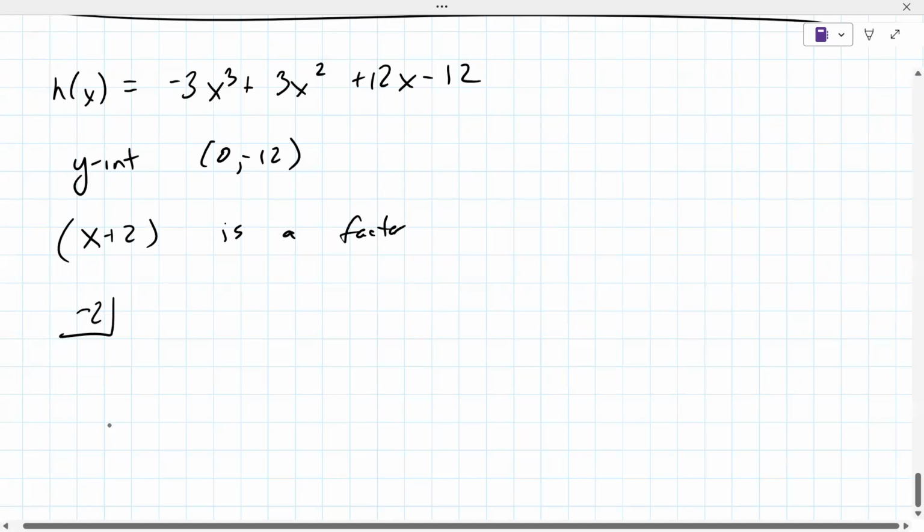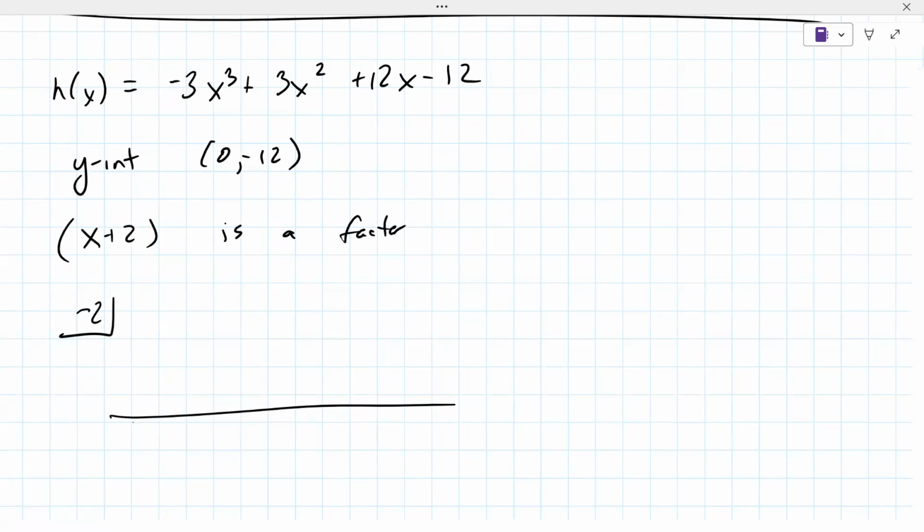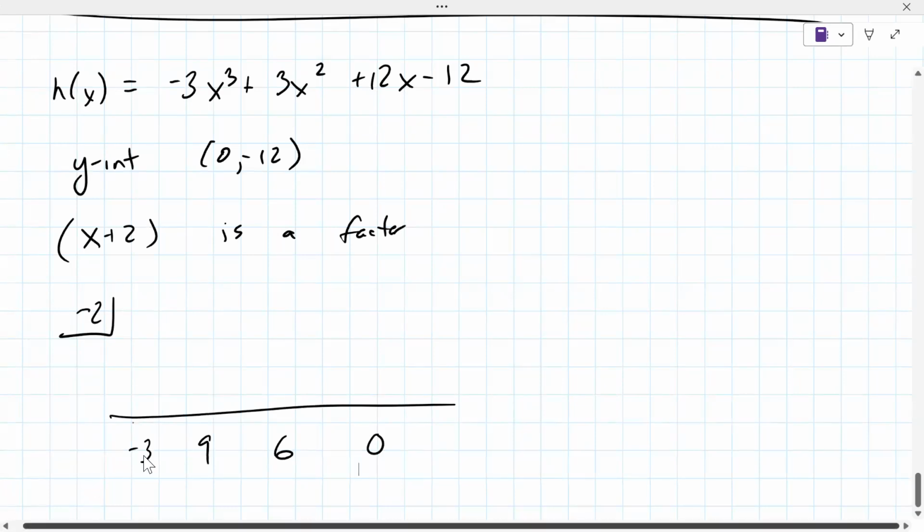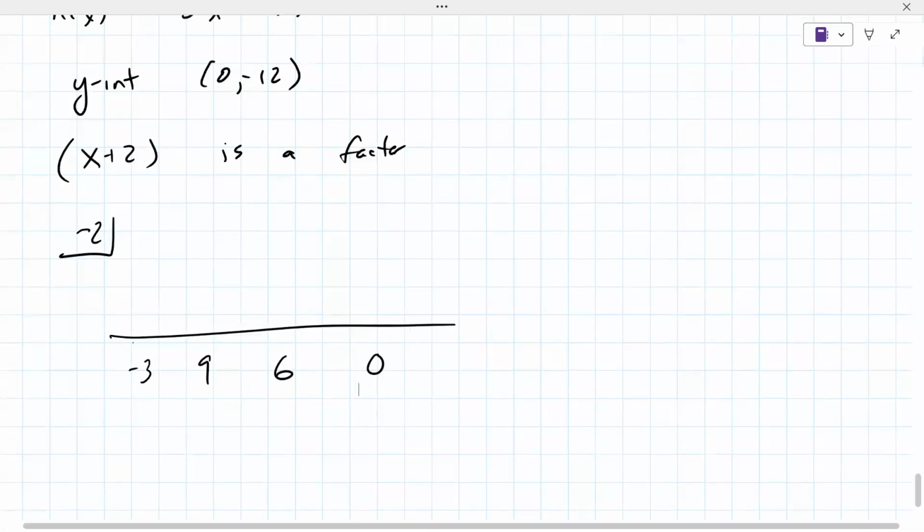I'm just looking for what you get down here at the end. Oh, I got -3, 9, -6, and 0. Yeah. So what is the new polynomial? -3x squared plus 9x minus 6.